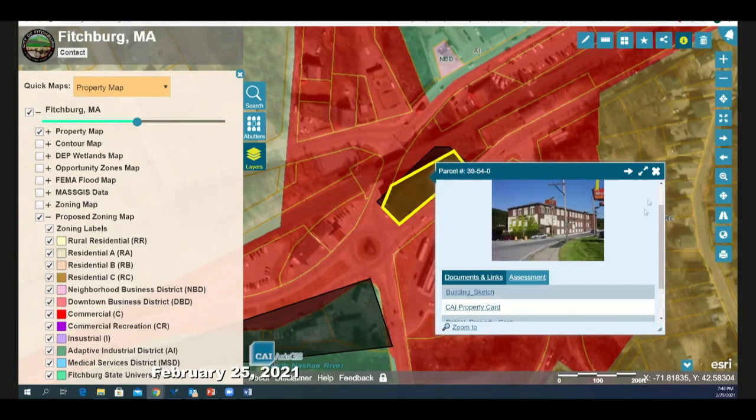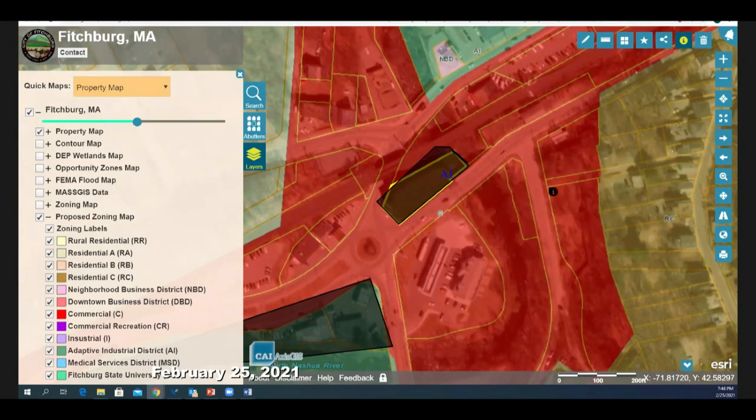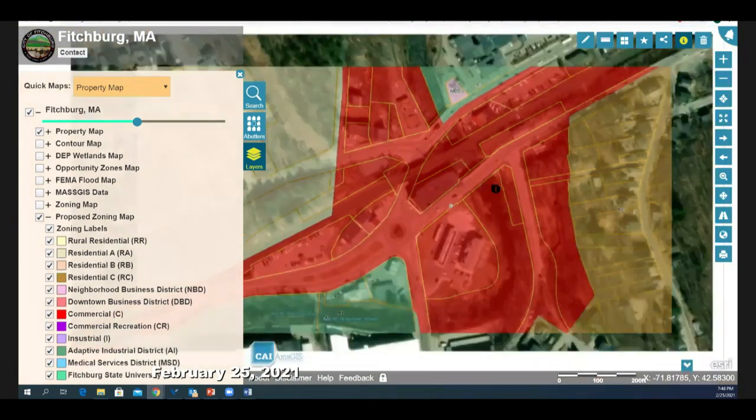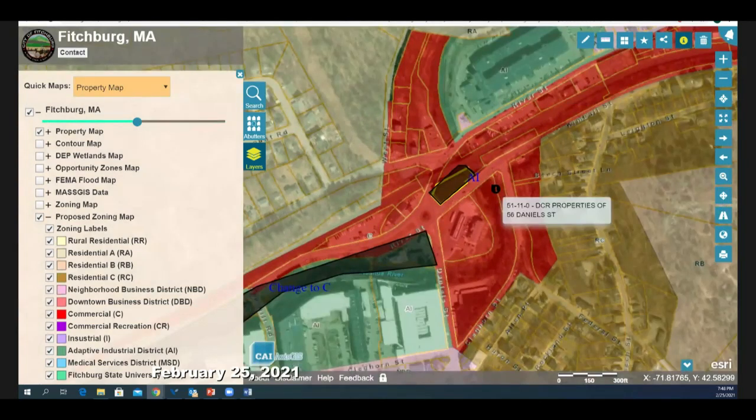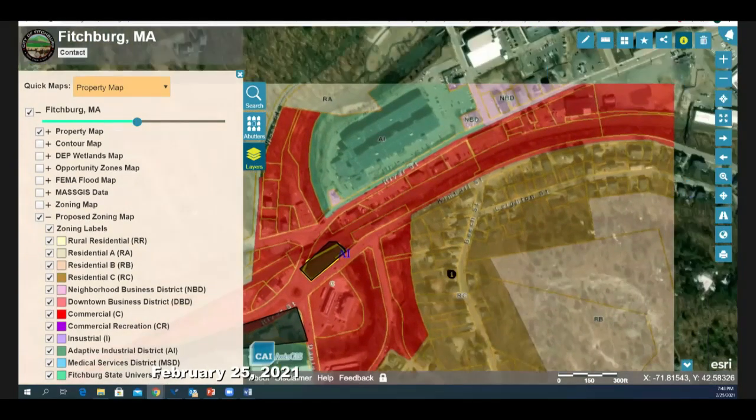Yeah. And I think today it's zoned commercial and automotive. And we'd like to rezone it to adaptive industrial. It's an old mill building. It needs that flexibility, and that's something we've heard from the property owners. It's certainly consistent with the district as we've designated it, which is designated to create flexibility for old industrial buildings that need reuse.